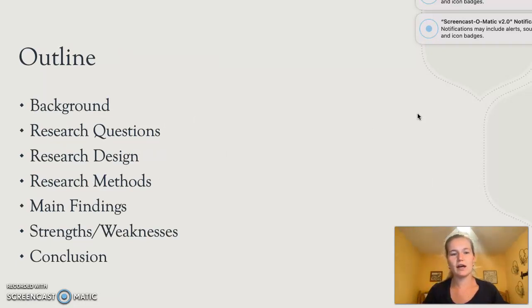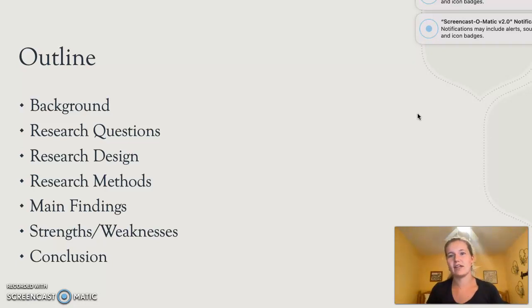Now, just a brief outline of what I will be talking about today. To begin, I will review exactly what social cognitive theory is and dive into why this study was done and some terms that I think are important before diving into the methods and results of this study. Then I will share the research question used to perform this study, as well as the methods and design of how this study was done.